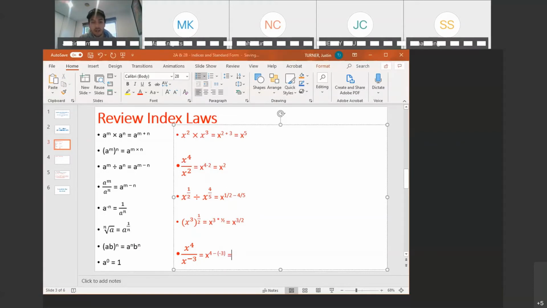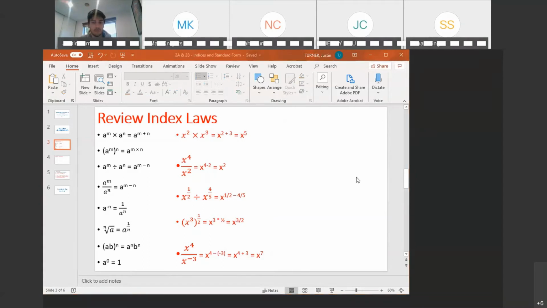But if we're subtracting a negative number, what we're actually doing is adding it. So 4 minus negative 3 is the same as 4 plus 3. We're going to end up with x to the power of 7 for that one. Just a bit of a refresher on indices.